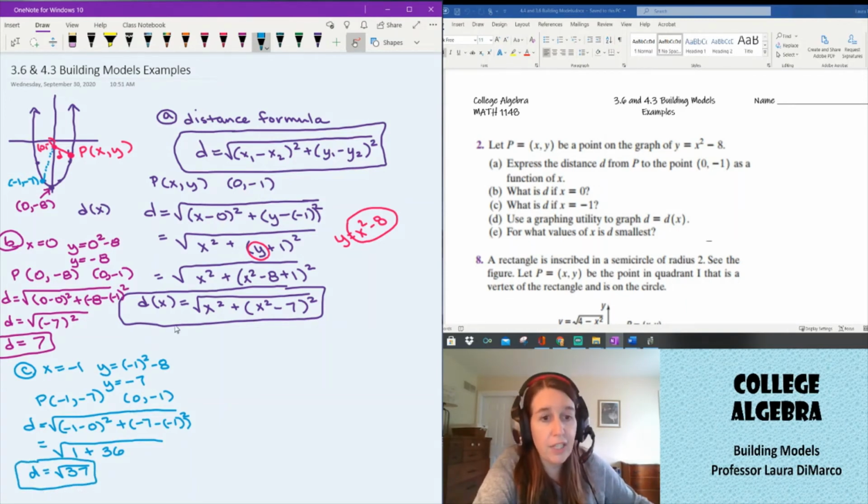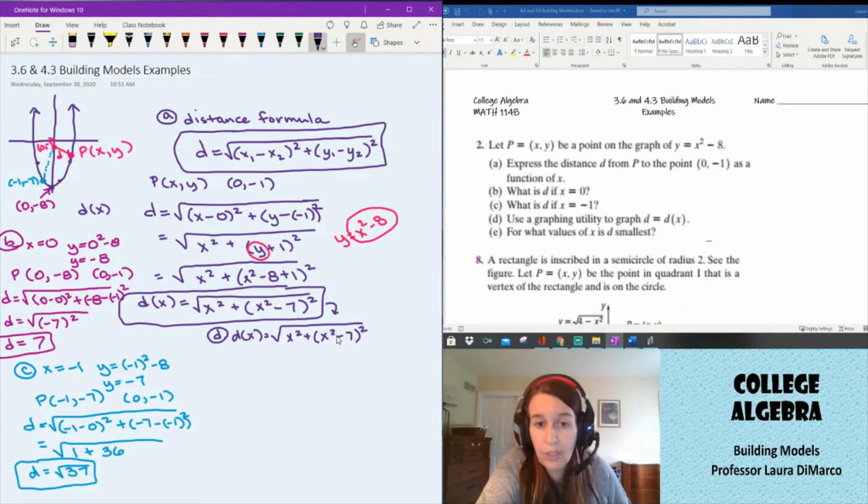Now for part D, it says use a graphing utility to graph the function that you created. You are graphing d of x is equal to the square root of x squared plus (x squared minus 7) squared. What we came up with in part A, right? So you're going to want to pull out your calculator.